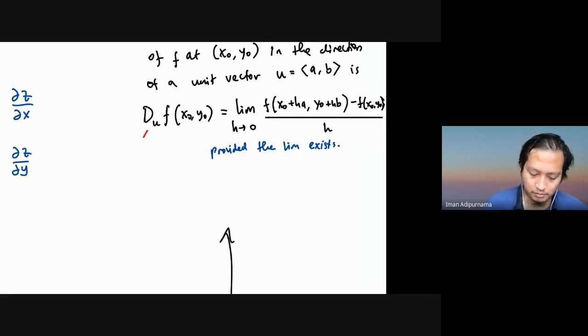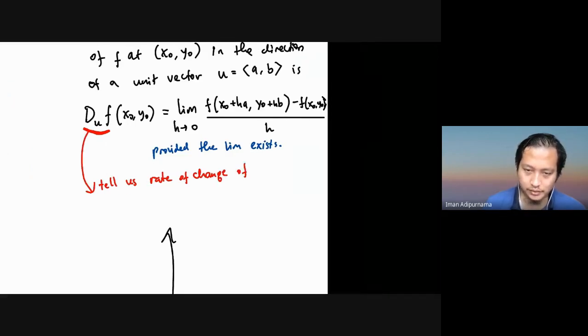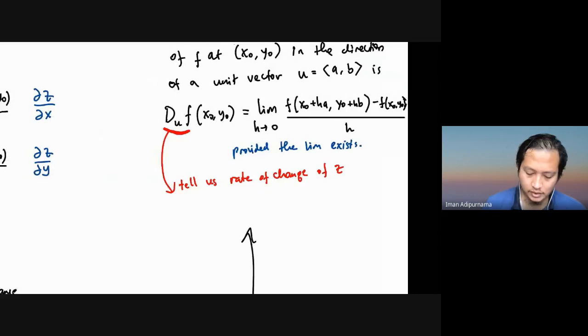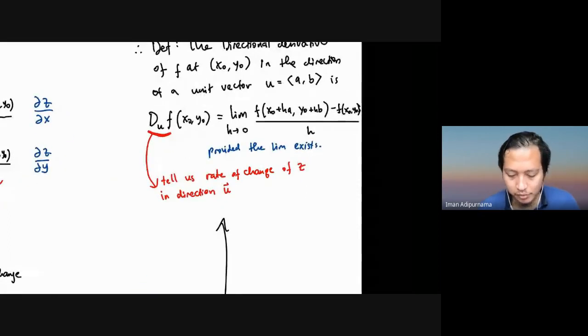So what does this sign mean? It tells us the rate of change of z in the direction of unit vector u, or maybe write it like that, the vector. I hope you understand this is the vector.